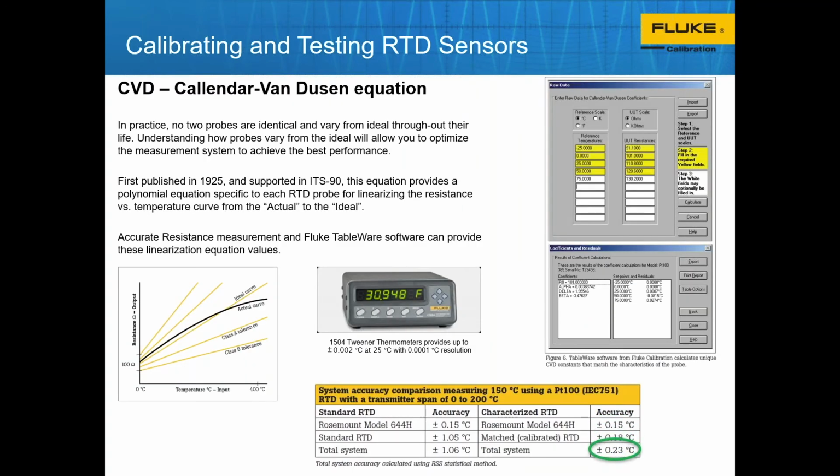Let's talk quickly about linearization. There is a really good opportunity, if you have a temperature source already, or if you need to buy one from us, that you can run your well with a secondary probe. So your probe itself has your unit under test probe and your secondary probe simultaneously.